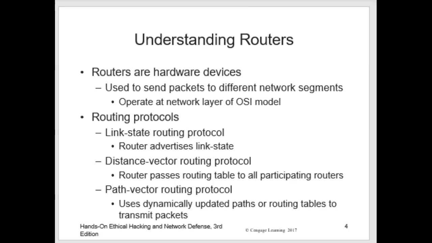A third approach is the path vector routing protocol, which uses dynamically updated paths, used mostly by ISPs and large organizations. So as a security professional, your main concern again is confirming that the router filters contain the traffic, not designing a router infrastructure or determining the router protocol, but right, that you have the right filters in place.